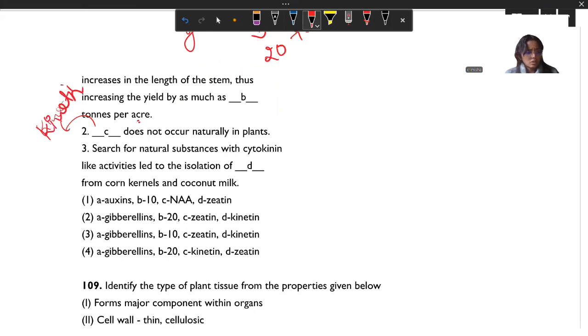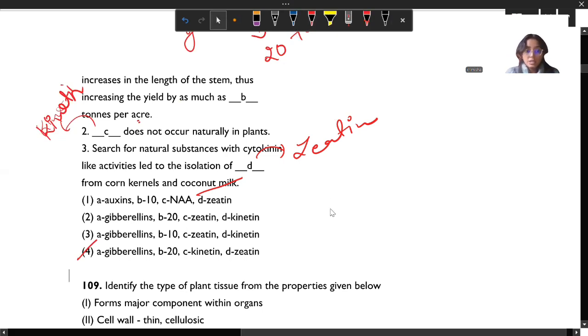Search for natural substances with cytokinin-like activities led to isolation of dash from the corn kernels and coconut meal, which led to isolation of zeatin. So the answer is the fourth option: A is gibberellin, B is 20, C is kinetin, and D is zeatin.